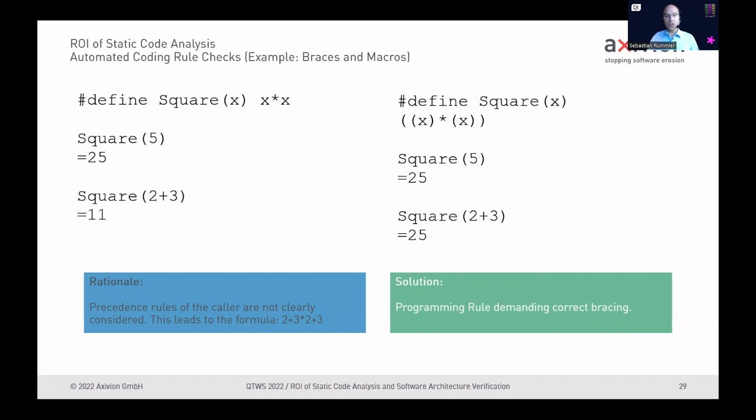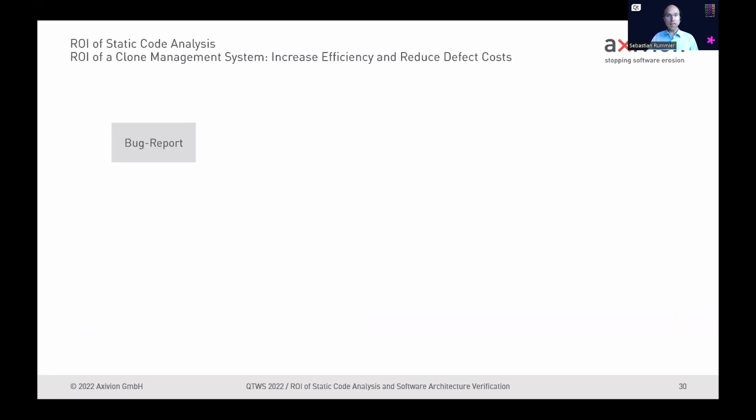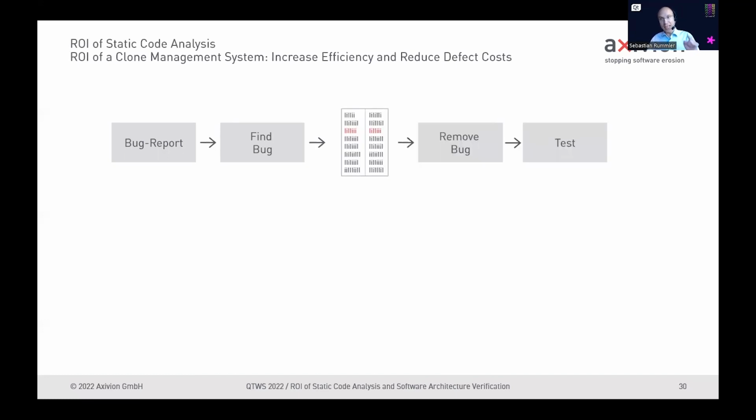You can reduce not only risk, but really get an efficiency increase and a reduction of your defect costs by using a clone management system. Because if you don't have such a system in place, then if you get a bug report and you find the bug, remove the bug, and test the bug in a way that, did I really remove the bug? And maybe I introduced a new bug by fixing it.